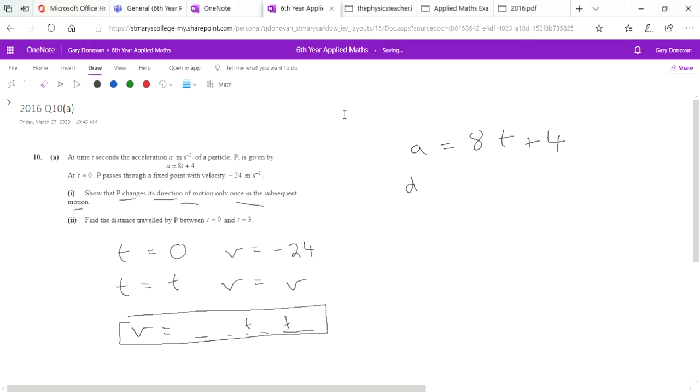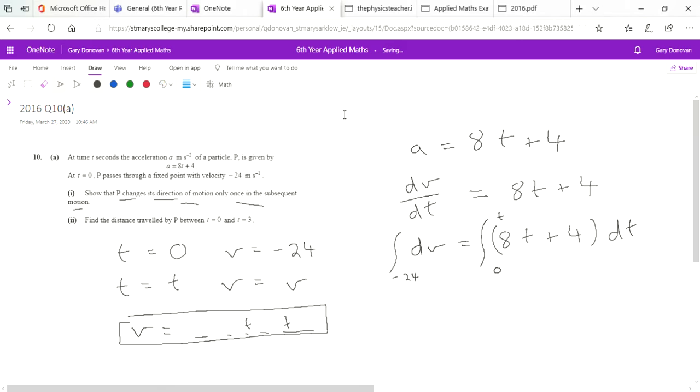We're looking for a relationship between v and t, so we change a to dv/dt, which is 8t plus 4. That's dv equals 8t plus 4 dt. We integrate both sides, and our limits for t are 0 and t, and our limits for v are minus 24 and v.